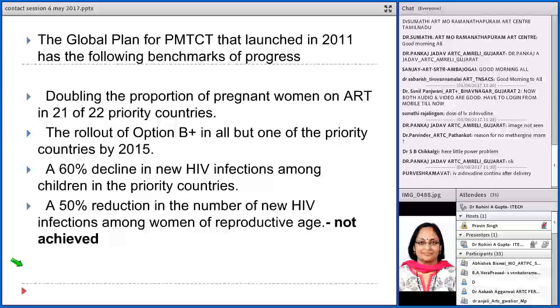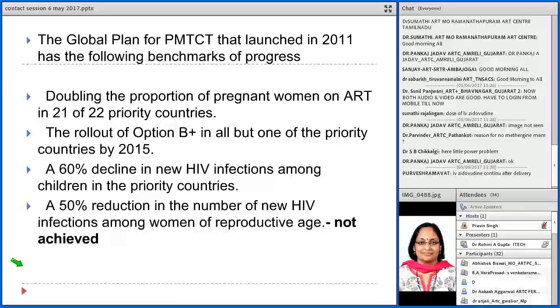There was a global plan for PMTCT that was launched in 2011, and it had the following benchmarks of progress: doubling the proportion of pregnant women on ART in 21 of the 22 priority countries, and the rollout of option B plus in all but one of the priority countries by 2015.